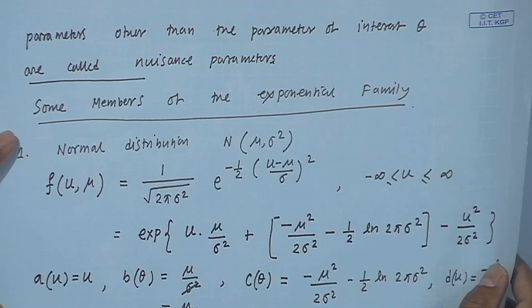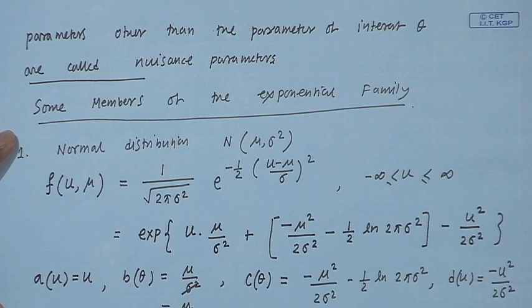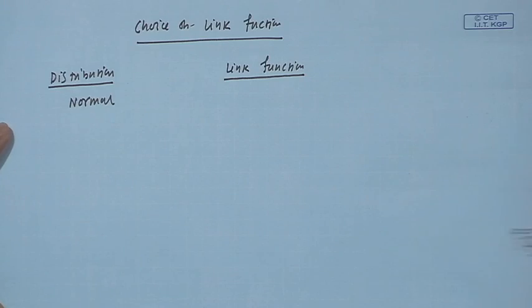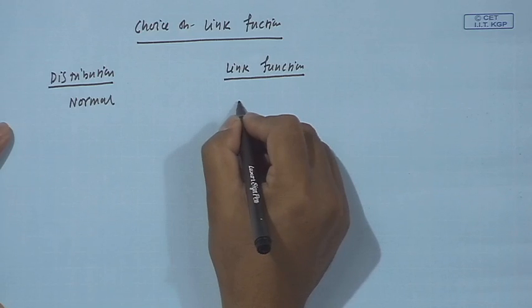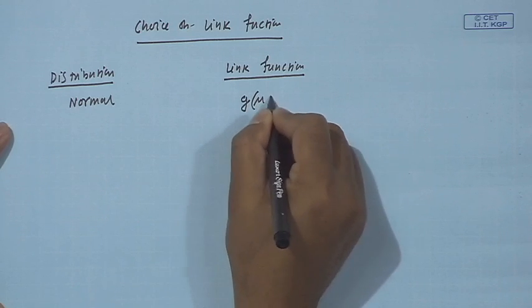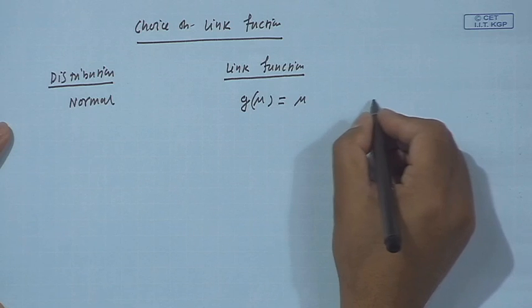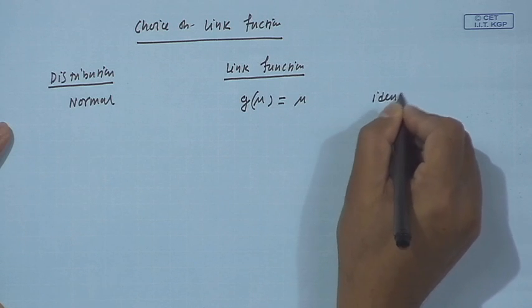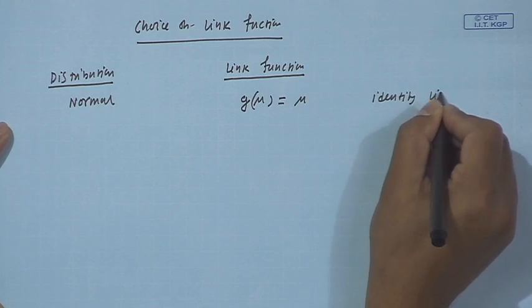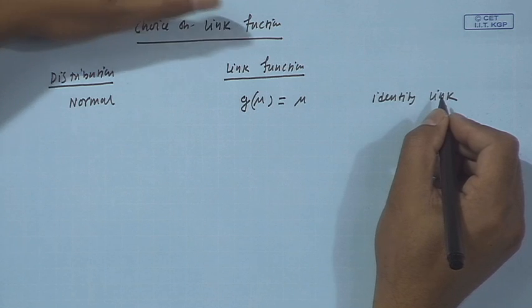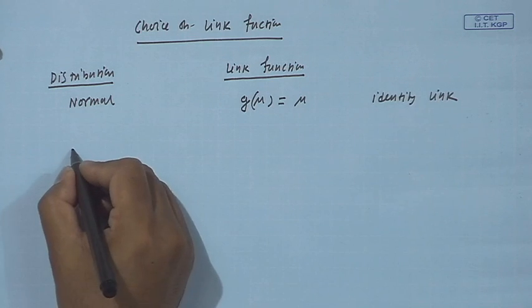Then the link function will be g(mu) equal to mu, and this is called the identity link.